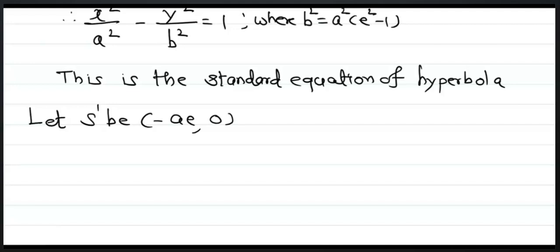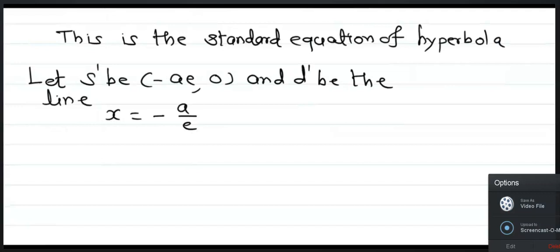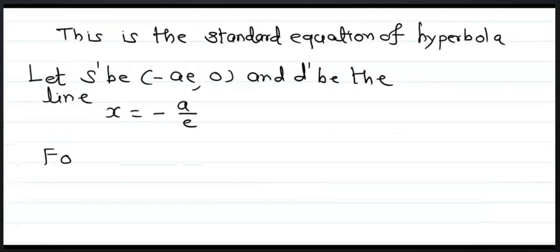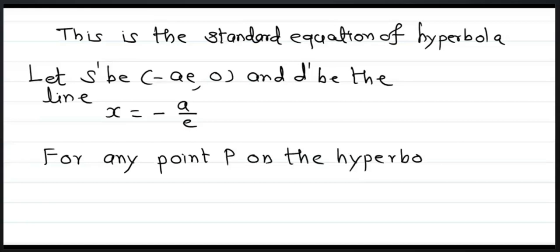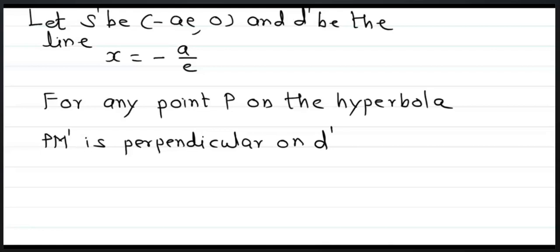Let S dash be (minus ae, 0) and D dash be the line x equals minus a upon e, because it is on the left side of the y-axis. For any point P on the hyperbola, PM dash is perpendicular on D dash.